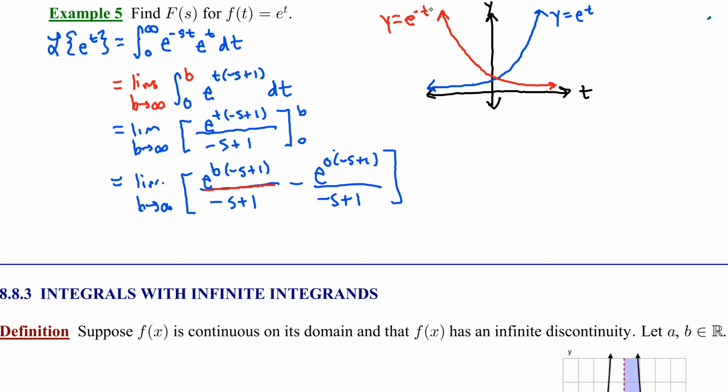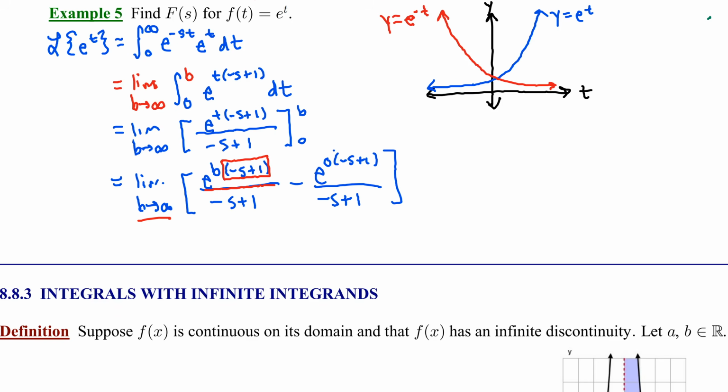So we need to determine the sign of this coefficient. If it's a positive coefficient, then the limit as b approaches infinity will be infinity. The integral will diverge. If that coefficient is negative, then the integral will converge.